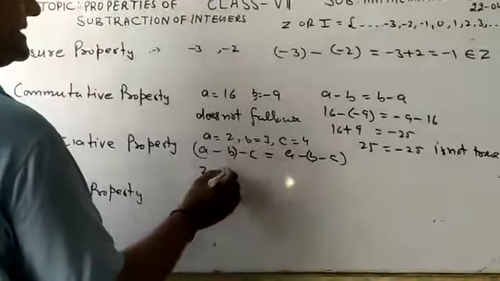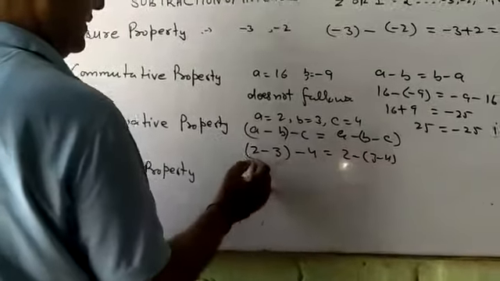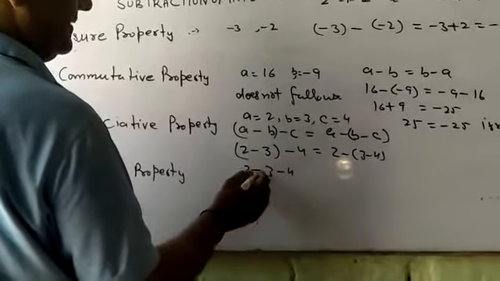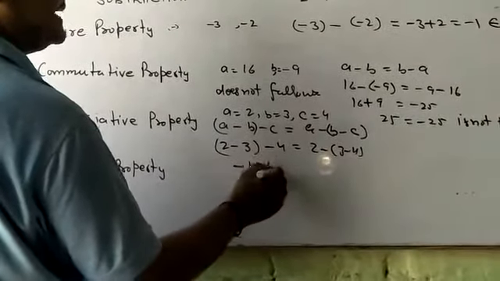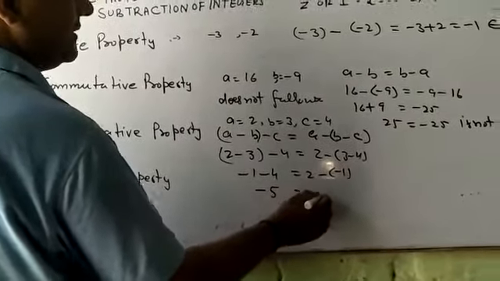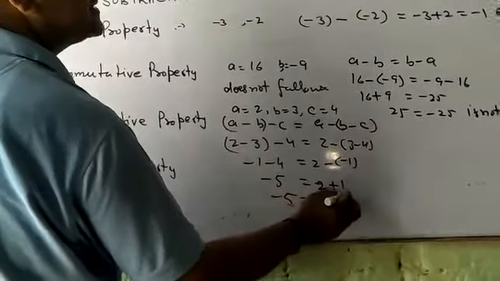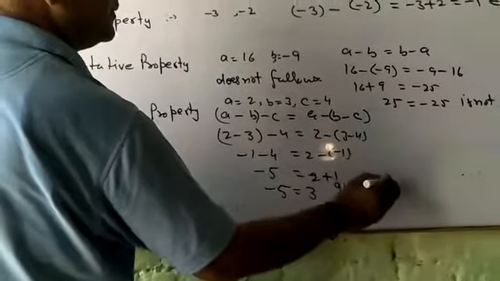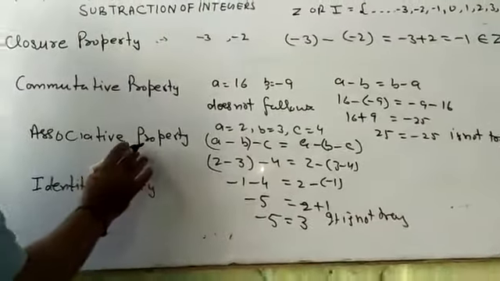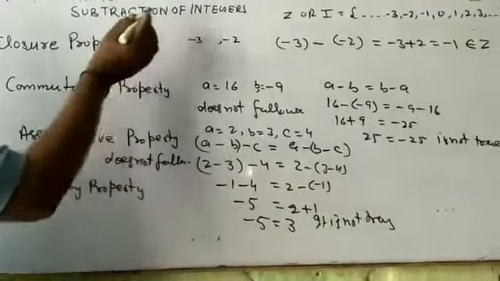So 2 minus 3 minus 4 becomes -1 and -4, which is -5, and 2 minus (3 minus 4) is 2 minus -1, which is 2 plus 1, that is 3. So -5 equal to 3 is not true. So students, the associative property also does not follow due to subtraction of integers.